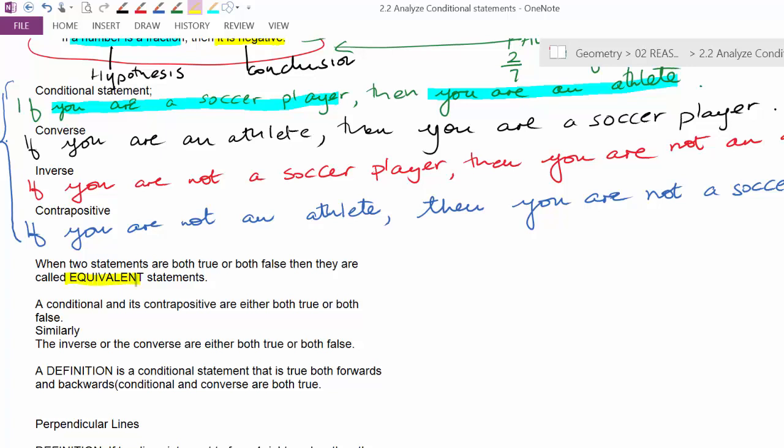Both the statements are either true or they are false. So let's look at the example above. In the conditional, if you are a soccer player, then you're an athlete, I want to say that that is true. So I'm going to put a true here.